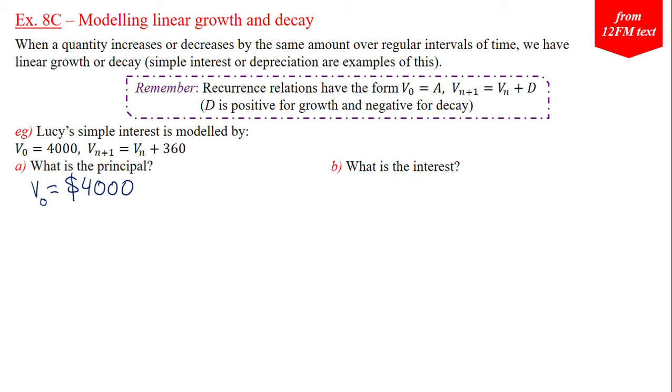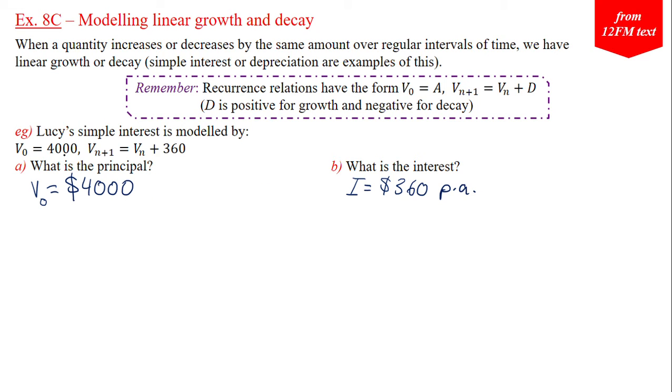For part B, what is the interest? We can also look at the recurrence relation and decide what that is, okay? So the interest is how much the account earns. In this case, D is positive, so we're earning $360 per annum, okay?